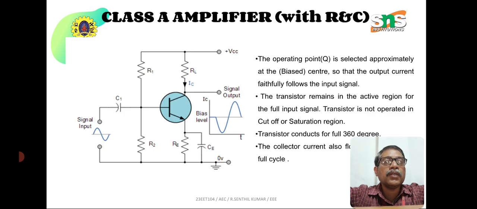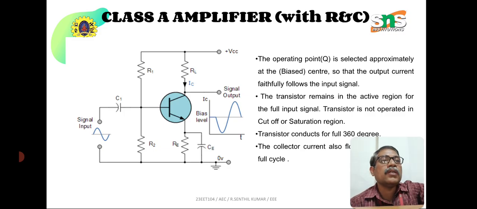RE is an emitter resistor, and CE is an emitter capacitor for stabilizing purposes, and RC or RL is the load resistor connected at the collector terminal of the transistor. VCC is the positive supply voltage and ground is the 0 V.